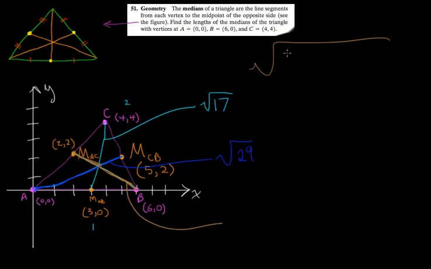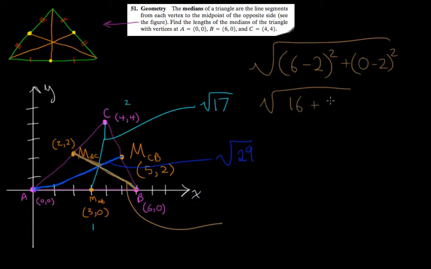So we have 6 minus 2 squared plus 0 minus 2 squared, which gets 6 minus 2 is 4, squared is 16. 0 minus 2 is negative 2. Negative 2 squared is 4. So this is equal to square root 20. And that can be simplified. So 20 is broken up to 2 and 10, 2 and 5, so 2 root 5.